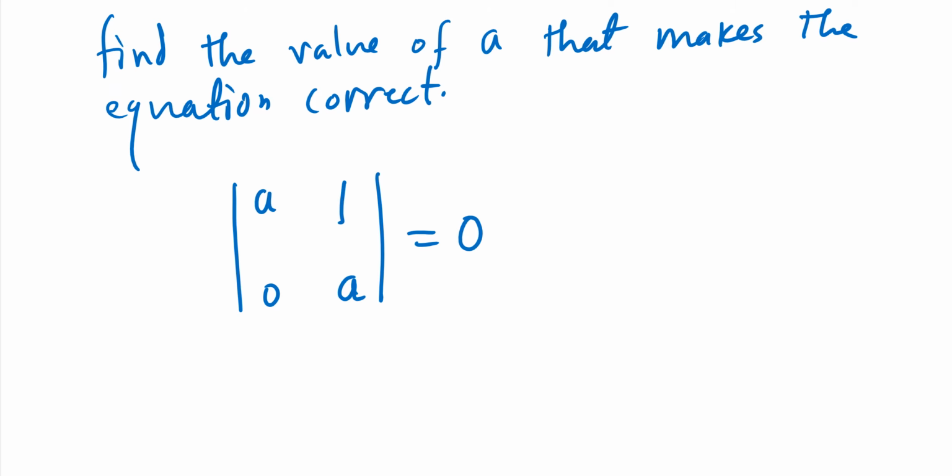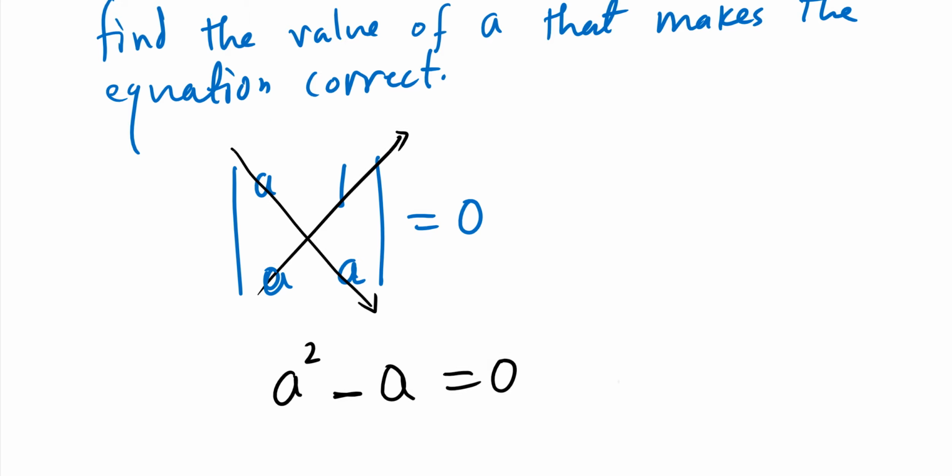So how do you do this? We multiply this times this, a times a is a squared, minus this times this is 0. Actually, wait, let's make this a. So that would make it a equals 0.